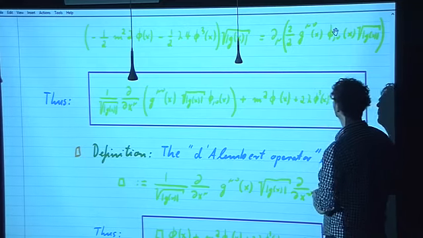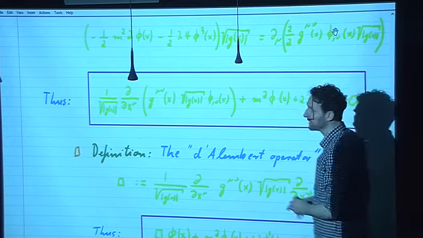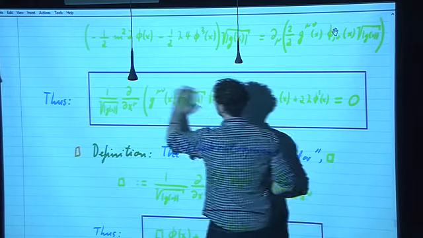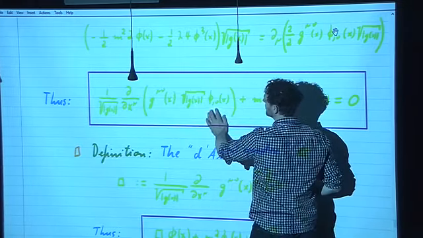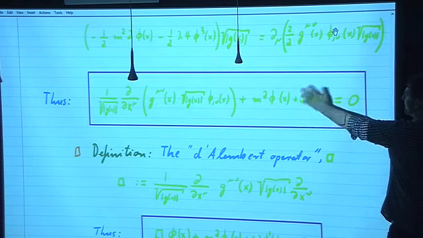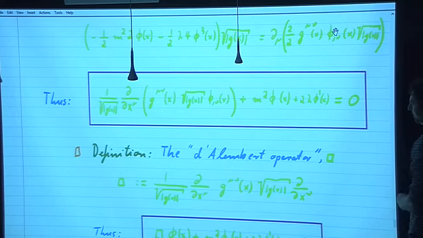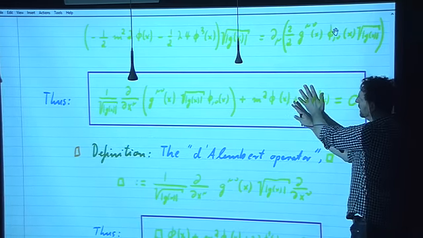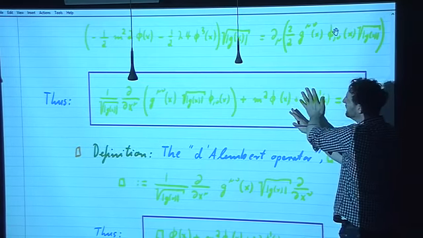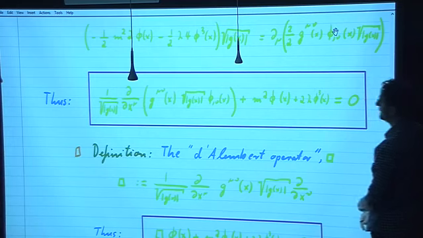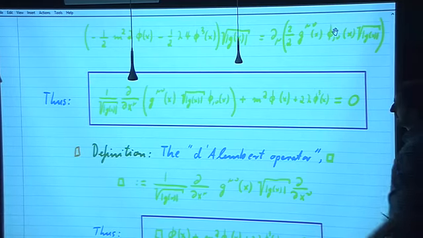Then we put everything on the left-hand side, and we find that the Klein-Gordon equation now looks like this. Complicated stuff involving derivatives plus m squared phi plus this self-interaction term equal to 0. Without this term, it would have been the ordinary Klein-Gordon equation. In fact, if you set g to eta, this becomes the ordinary Klein-Gordon equation again. But this is curved space. Life is harder now.